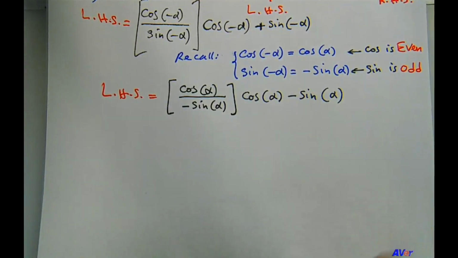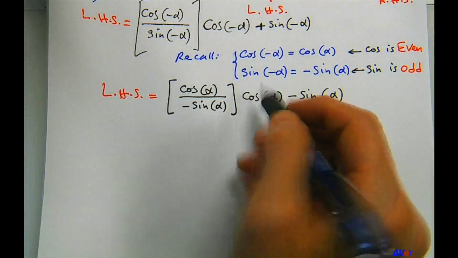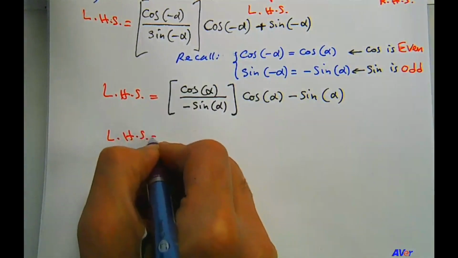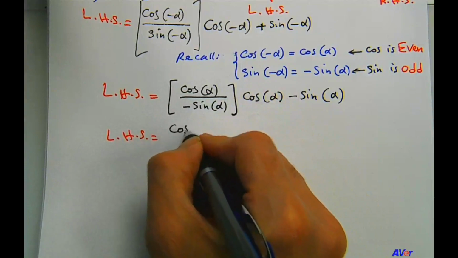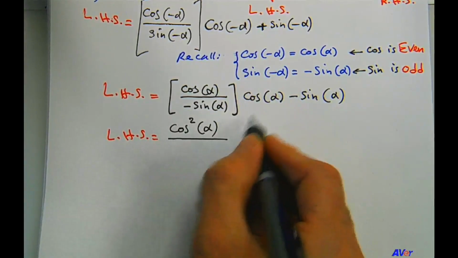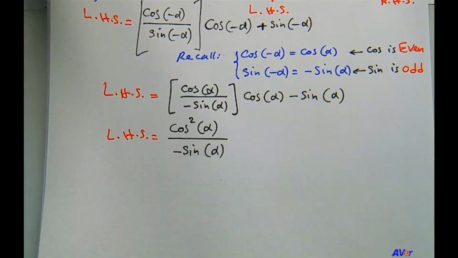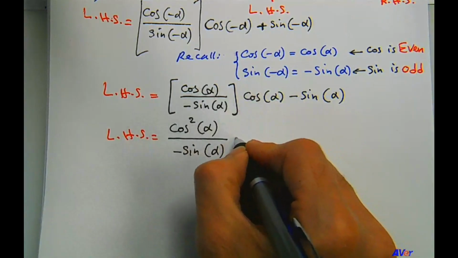All right. So let's simplify this more. We have in the left-hand side cosine times cosine. We have cosine squared alpha over minus sine of alpha. Right? I'm just distributing this to this.